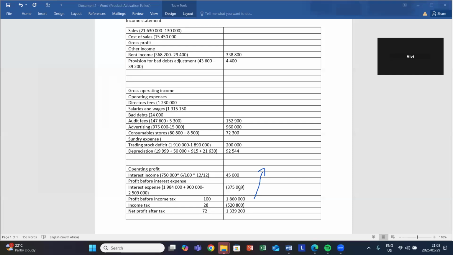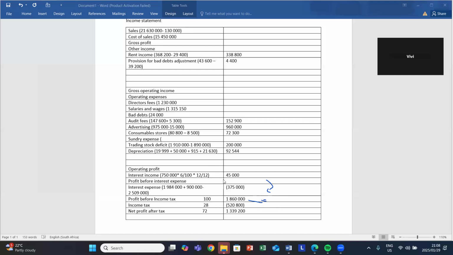Okay, let me answer you. Normally, for us to get our profit before tax, we say profit before interest expense minus our interest expense, and then we get our profit before tax.